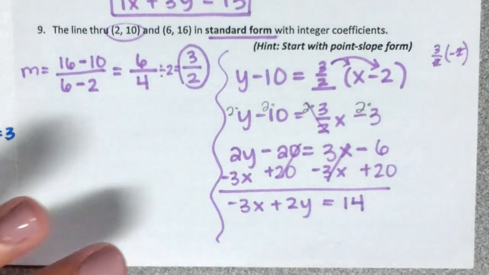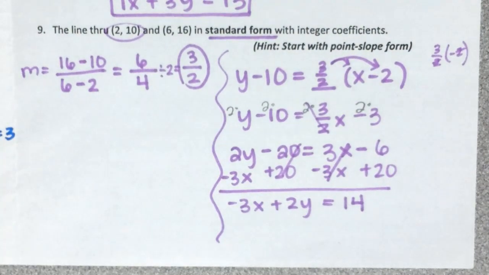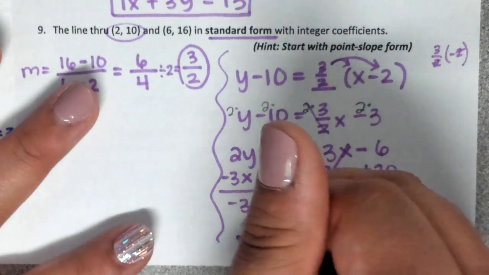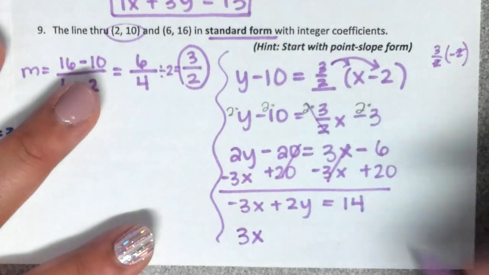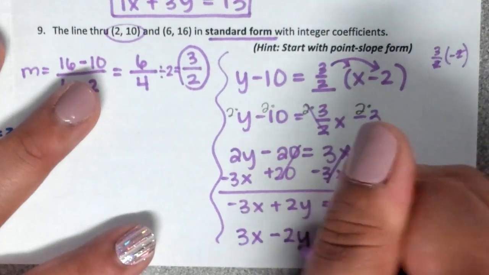Okay. Barrett made a really good statement. He said, but I thought you said no negative x's. Yes, I did. You can just multiply it by negative 1, and what's that going to do to everything? If I want this to be positive, I can make it positive. But what do I got to do? Change all the signs.